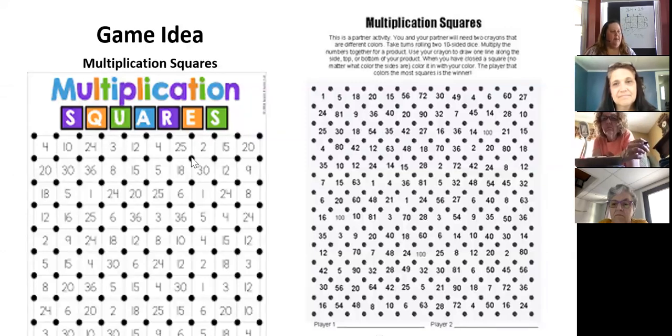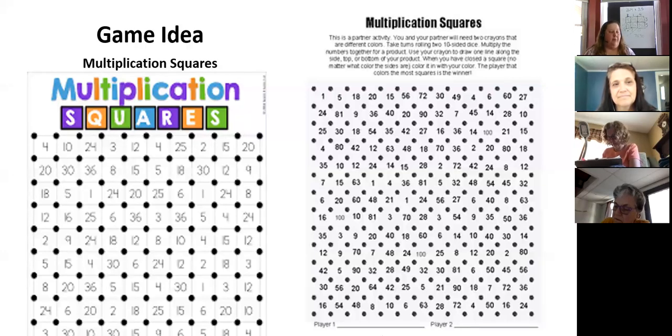Now, I will tell you, this game board here only goes up to dice because you use 2 die. So you use a pair of dice, and you would roll them and you multiply the 2 numbers to get the product.